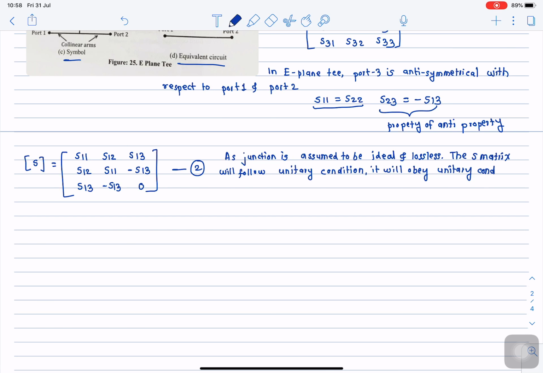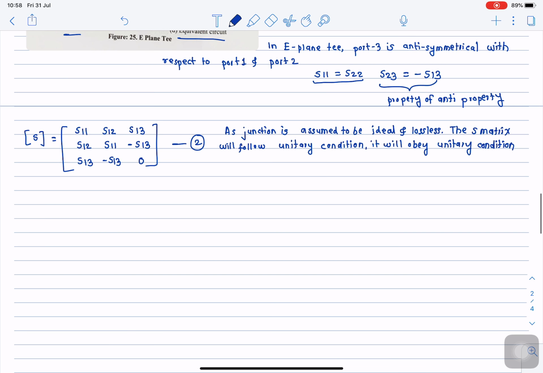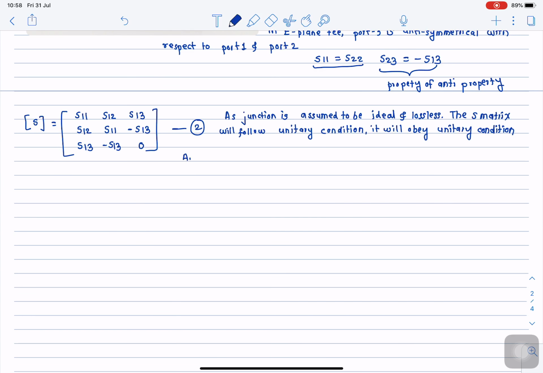As we assume this particular scattering matrix will follow the unitary condition, what we do is we apply the unit property to column 3 of this particular matrix. So I will change the color. So where is the column 3? At the column 3 you apply the unit property of the unitary matrix.